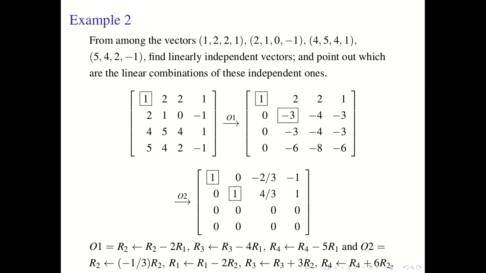So we get the second matrix, and then we do the elementary row operations O2, where R2 is divided by minus 3, R1 is replaced by R1 minus 2R2, R3 is replaced by R3 plus 3R2, and R4 is replaced by R4 plus 6R2. Then we get to the matrix which is in the row reduced echelon form. So now from here we can make the conclusions.